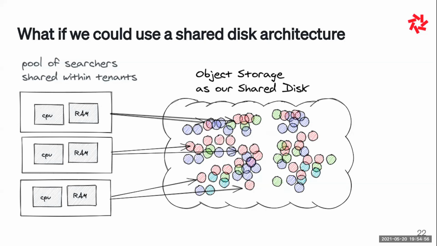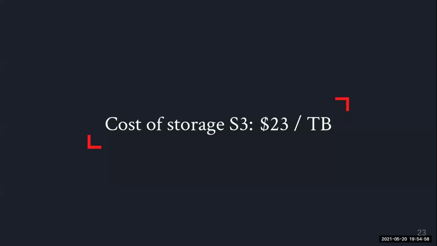This mutualization could really help a lot. And we dropped the SSD, which is actually a big part of the original price. In comparison, storing 1 terabyte on Amazon S3 for a month only costs $23. So it's really, really low.